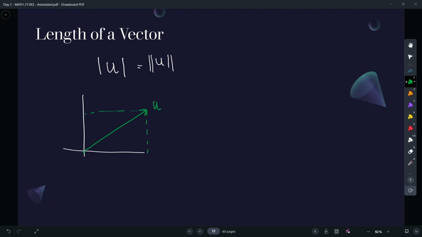If this is the vector u, and the vector u is, let's say, (u1, u2), then this length from here to here is u1, and this length from here to here is u2. Then you can use Pythagoras' theorem, or the distance from this point to the origin, to figure out that the length will be the square root of u1 squared plus u2 squared.